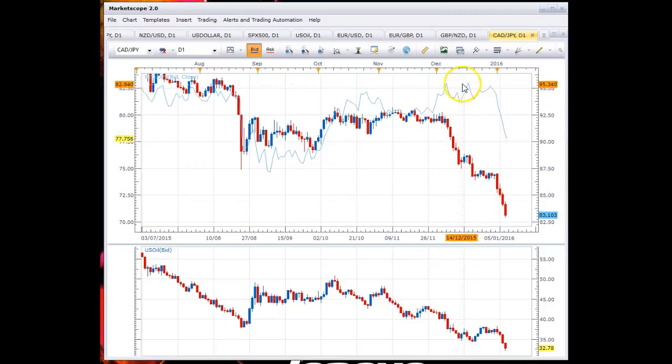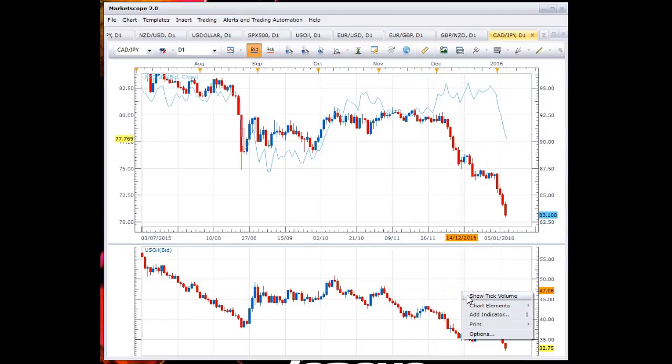And you can see that the Kiwi yen has also taken a move south. That was due to, as I said, the dairy auction in New Zealand, which showed a negative result on Tuesday this week. So oil influences the CAD yen, dairy influences the Kiwi yen.